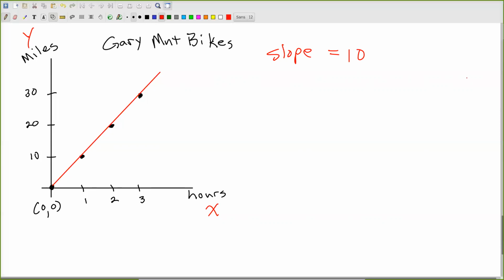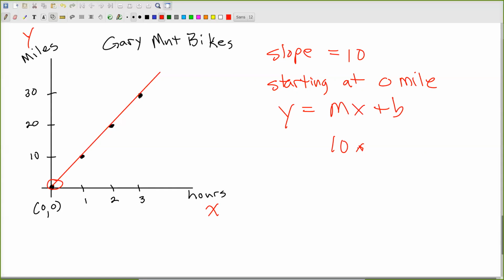So my starting distance is 0. So slope is 10, starting at 0 miles because I haven't gone anywhere yet. So that's this right here. And so the equation y equals mx plus b I was talking about, I got 10 for m.